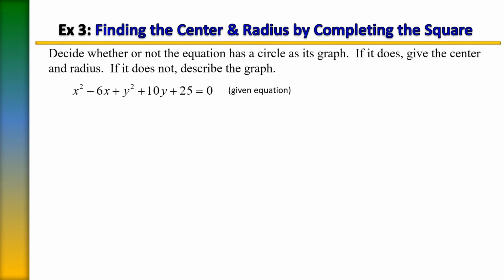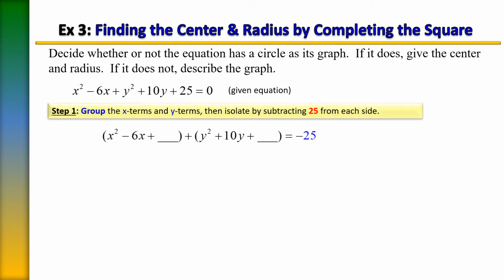Recall, in completing the square, what you need is the x squared term and then the x term. Same thing with the y's. You're going to need the y squared term and the y. Everything else, you're going to move over to the right side of the equation. So let's go ahead and group these. Grouping my x terms and my y terms will look like so.